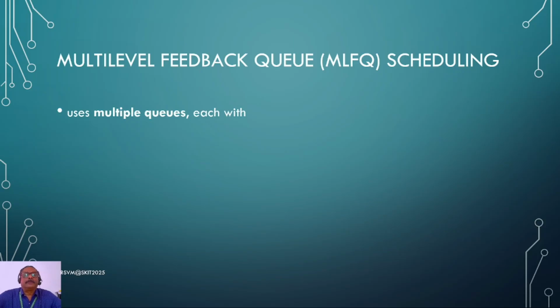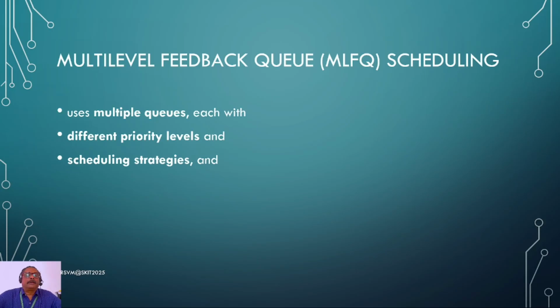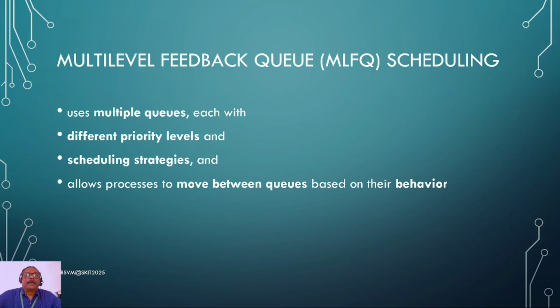This uses multiple queues, and each queue can have a different priority and different scheduling strategies. The most important thing here is that this allows a process to move between the queues based on its behavior. If a process in a high priority queue is wasting CPU's time, then its priority can be reduced.